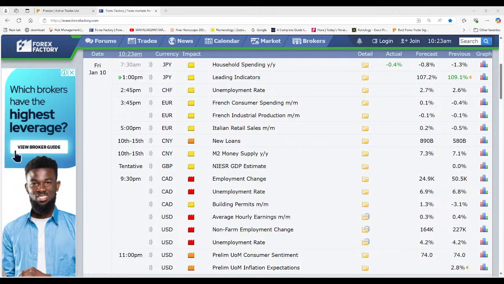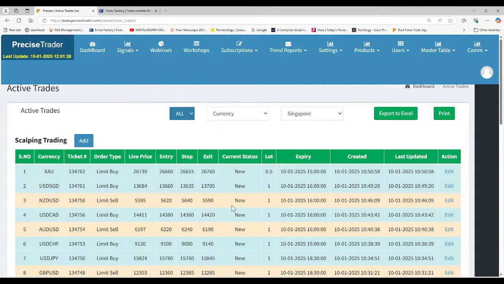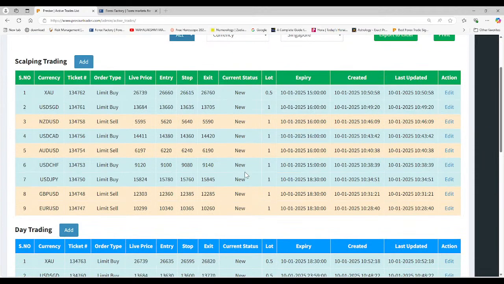And from the US, we have average hourly earnings, non-farm employment change, non-farm payroll, and unemployment rate, as well as prelim UMich consumer sentiment. So as a result, I think the market is expected to be very quiet today, until the data is out.